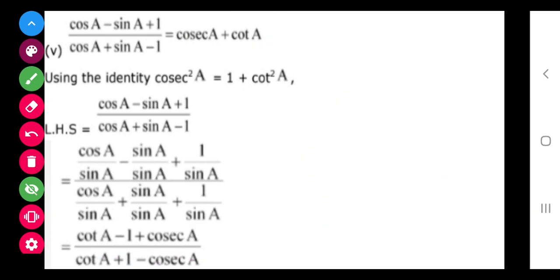After this you try by my method, you will find it easier than this method.